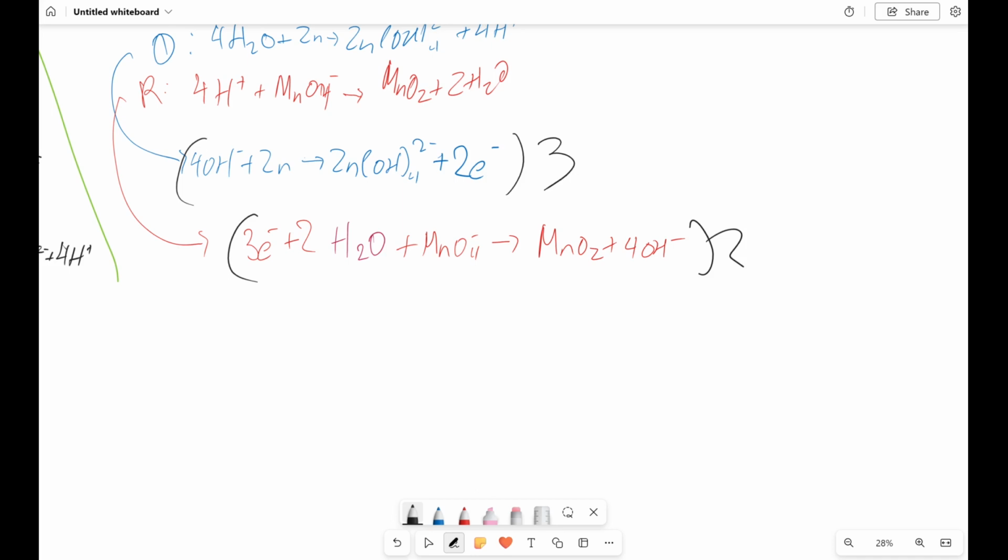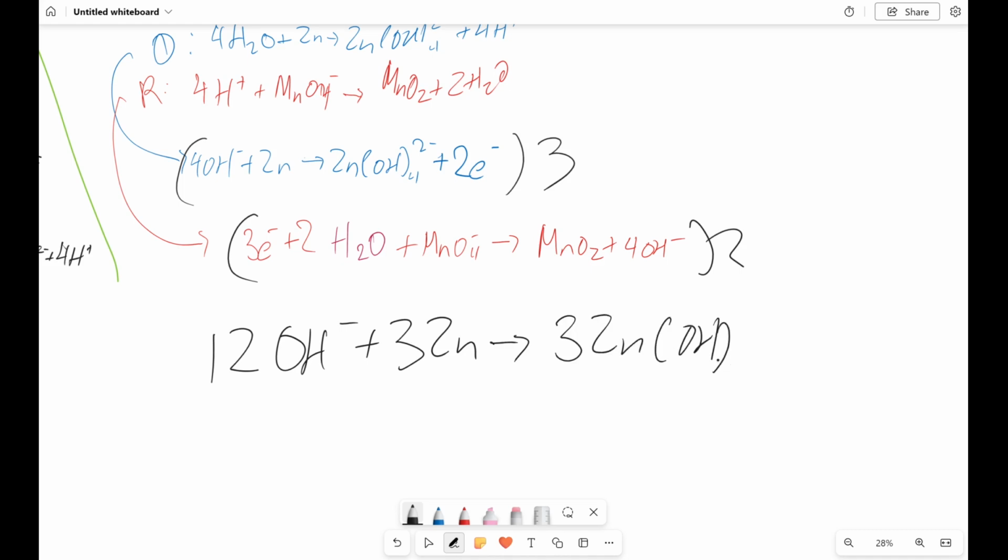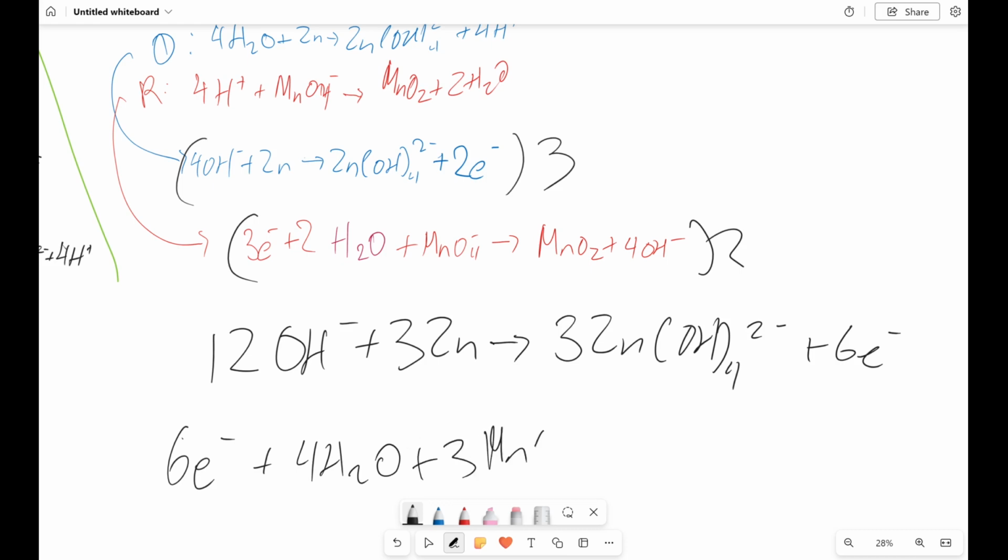Then we're gonna get 12 OH minus plus 3 zinc becomes 3 zinc hydroxides plus 6 electrons. And on the bottom, we're going to have 6 electrons plus 4H2O plus 4H2O plus 3 MnO4 minus, sorry, I'm getting confused, becomes 2 MnO2 plus 8 OH minus.